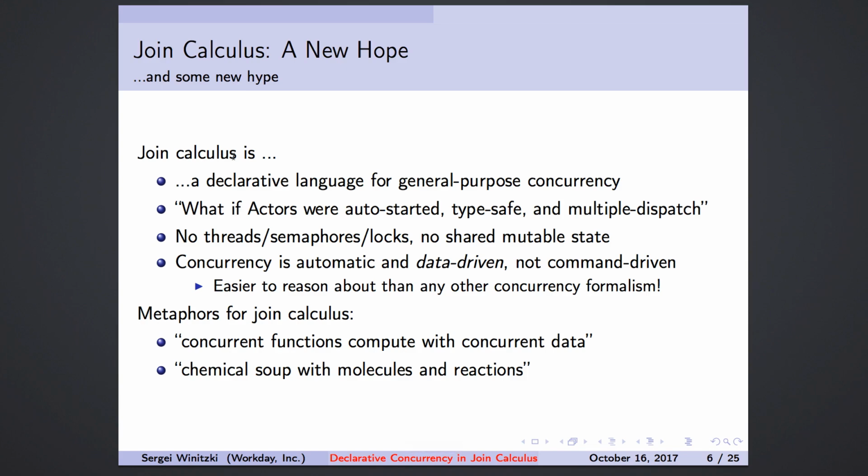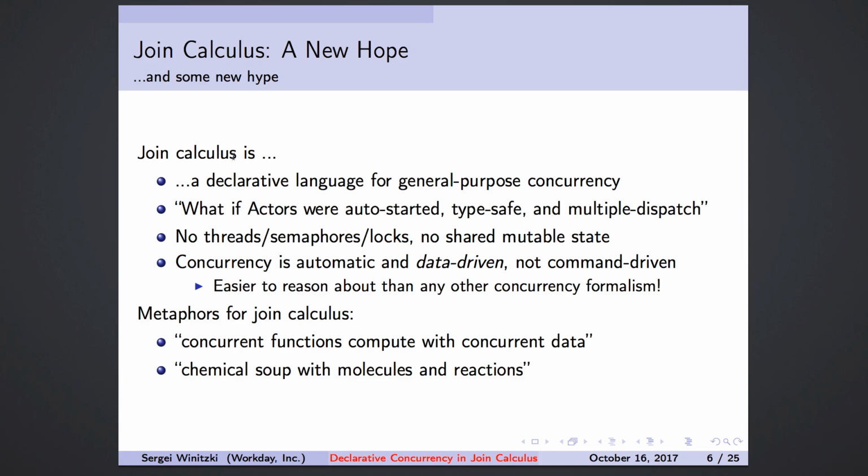So how do we approach joint calculus? Well, I can promise you that it's easier to reason about than other concurrency paradigms. But how to reason about it? I can say, well, this has no threads. You don't reason about threads. You don't reason about locks. You don't reason about semaphores.